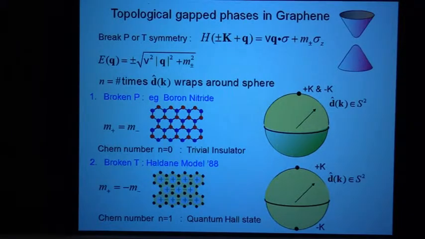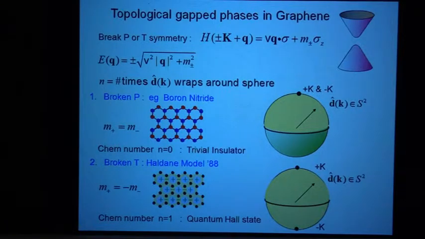But you could do something else. Okay, and so this is the insight that Duncan Haldane had many years ago, which is that there's another way you can open a gap at the Dirac points, which is not by putting on a periodic electric potential. You can put on a periodic magnetic field.